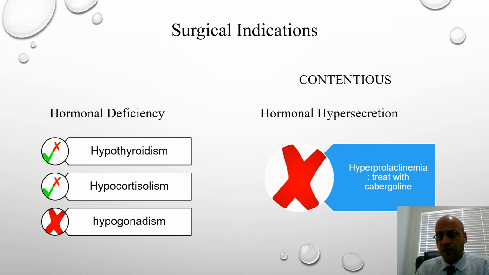A female with mild hyperprolactinemia and still having regular periods, you don't need to offer treatment. Just keep an eye on it. Men with hypogonadism, you can treat with cabergoline, see what happens to their testosterone. You might even consider giving testosterone supplement. You can give testosterone supplement to these patients without taking them to surgery.